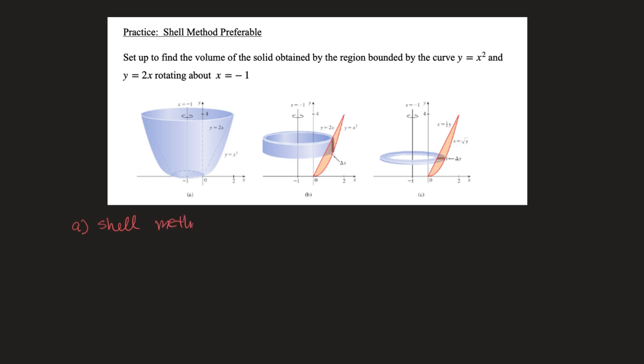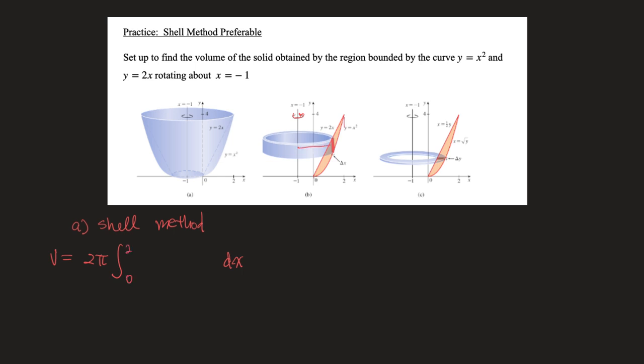You're going to draw the rectangle parallel. All you need: shell method, 2 pi, volume is going to be the integral dx from 0 to 2.